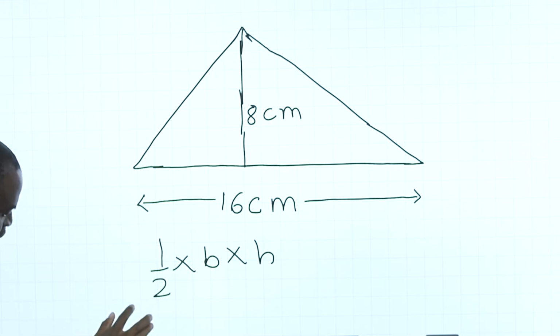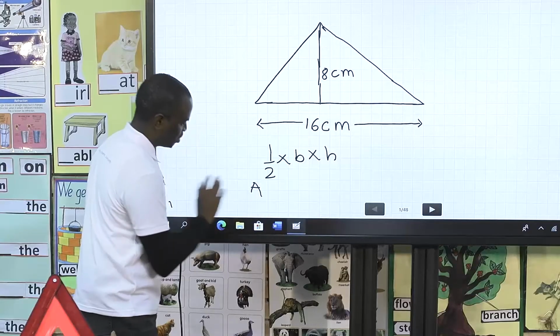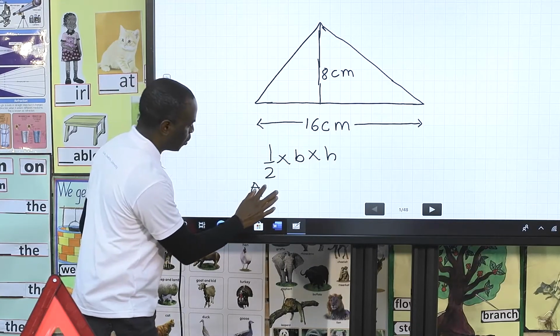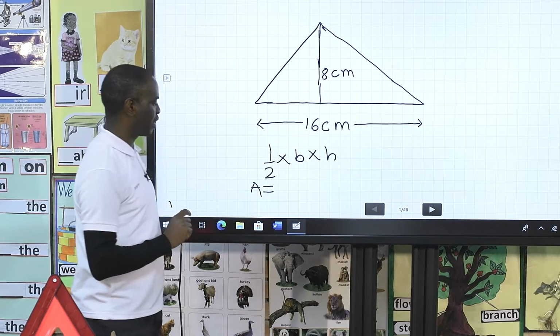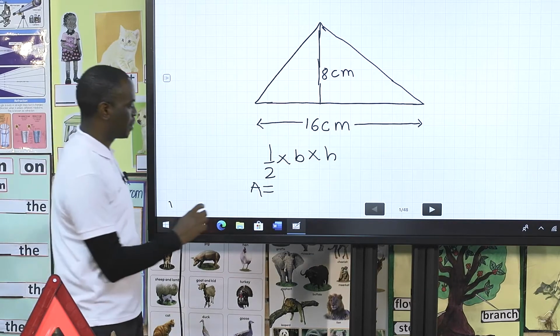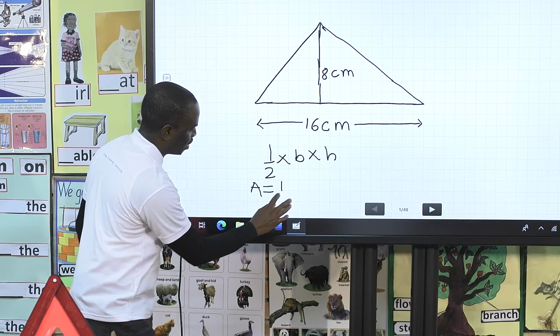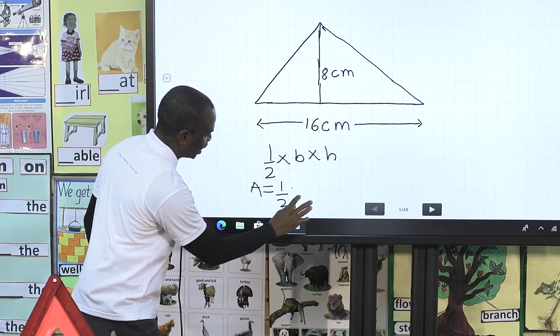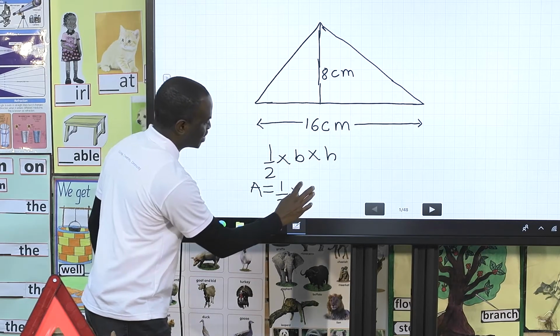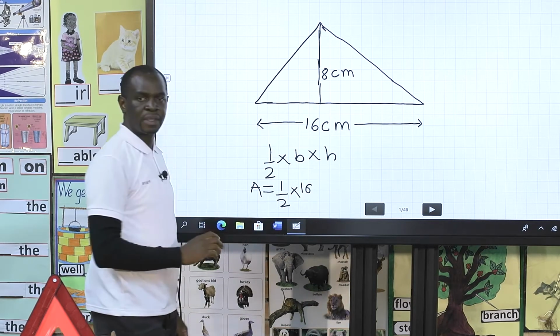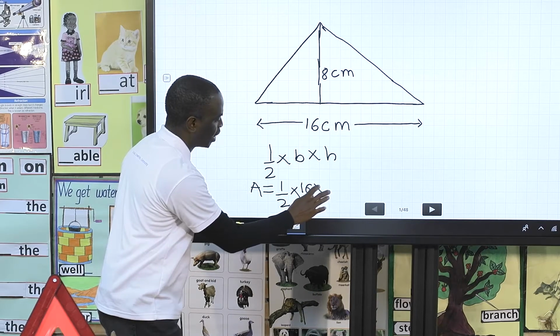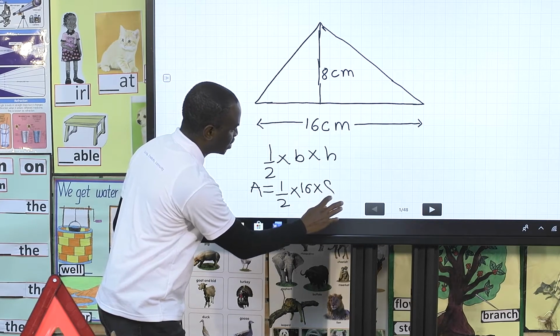So we are going to say A, representing area, equals half multiplied by 16, and then we're also going to multiply by 8.